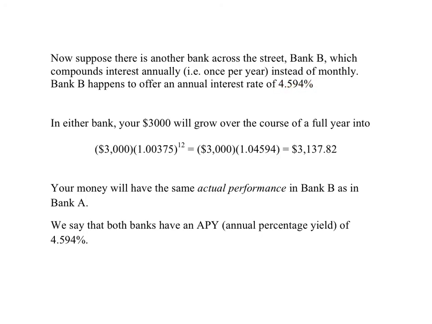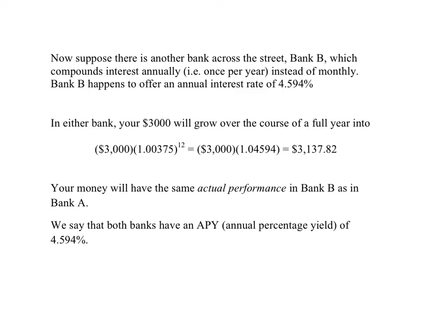Now, at either bank, your $3,000 investment will grow over the course of a full year into $3,000 times 1.00375 to the 12, which is the same as 3,000 times 1.04594. This growth factor is the overall 1 year growth factor at Bank A, but it's also the 1 year growth factor at Bank B.